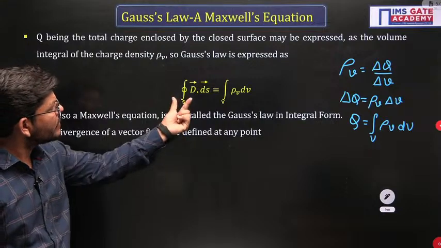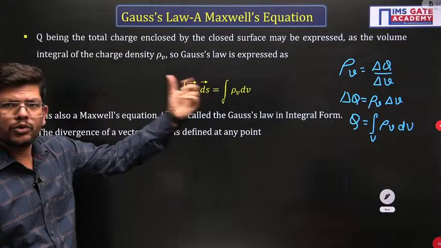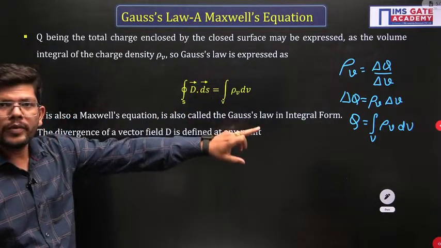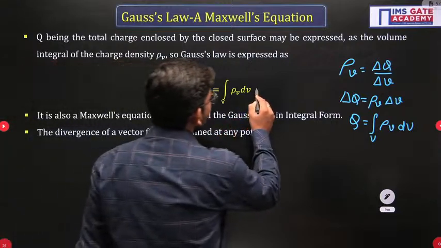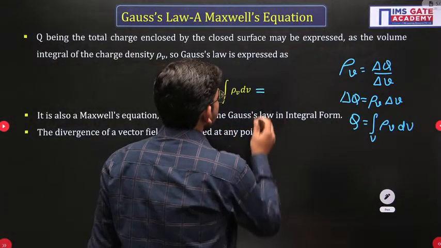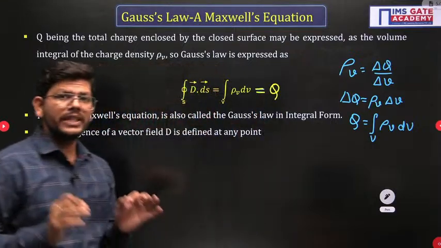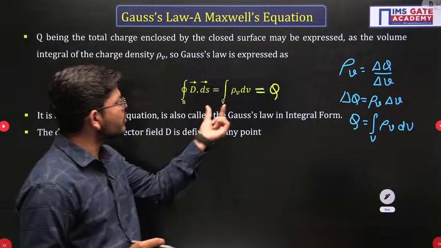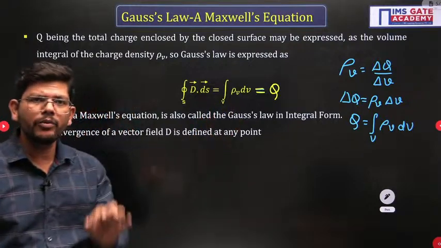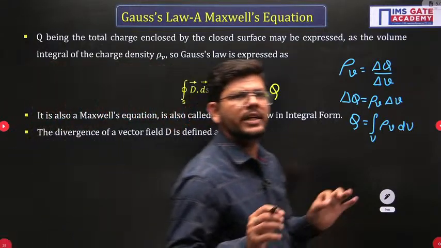You know that the surface integral D dot dS equals Q, and Q equals the integral of rho v dv. That means we can equate these two quantities. Surface integral D dot dS, which equals Q, is also equal to the volume integral of rho v dv, where rho v is the volume charge density.